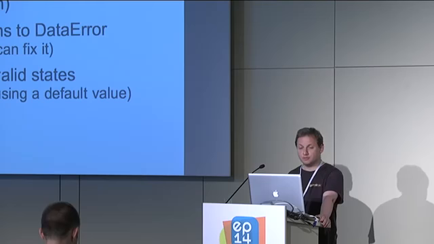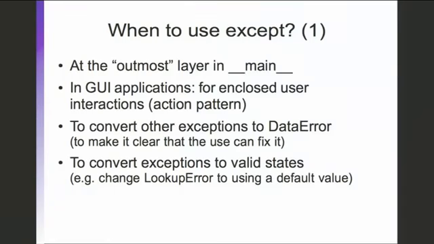A couple of recommendations for except and raise. When do I use except? You have to use it at the outmost layer of your main routine and print an error message or do something useful with every exception. In graphical applications, you should use it for every enclosed user operation or action pattern, as developers call it.